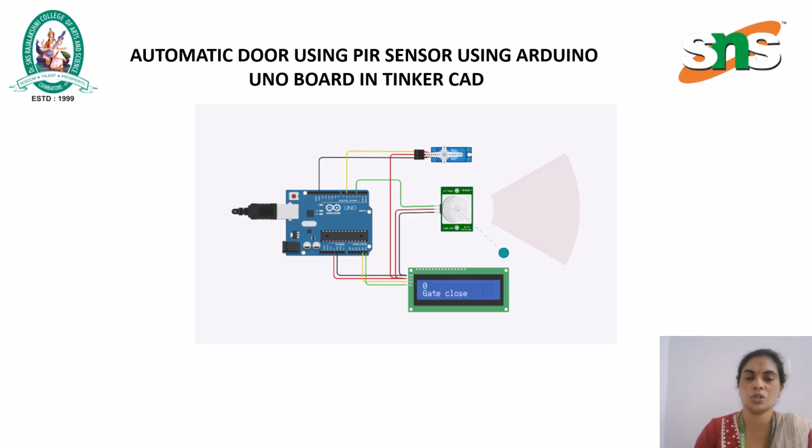For that differentiation, we change the color of the jumping wires. So we can clearly identify which point is connected to the Arduino board, whether the PIR, the micro servo or the LCD display. This is how we implement an automatic door with color differentiation of the jumping wires.